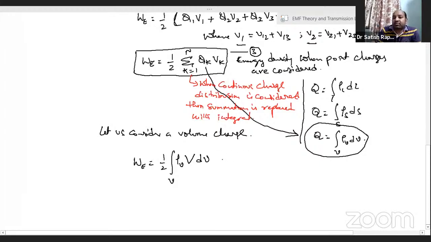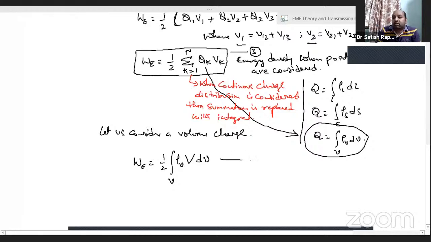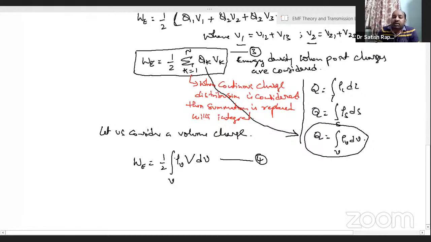And let us say this is equation 4. So therefore, if we consider a volume charge, then the work done W is equal to half volume integral of rho_v dv.